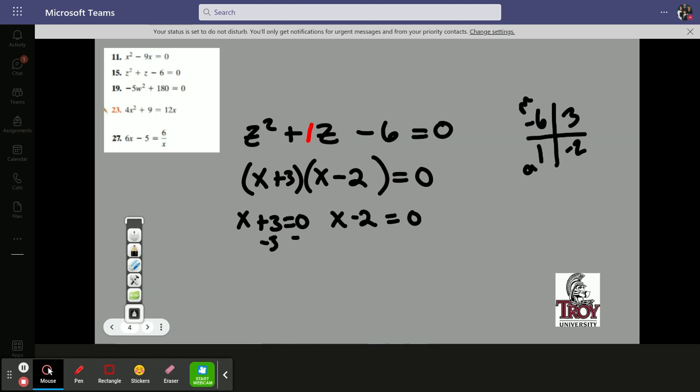Minus the 3, x equals -3. Add the 2, x equals 2. So my solution set is going to be -3, positive 2.